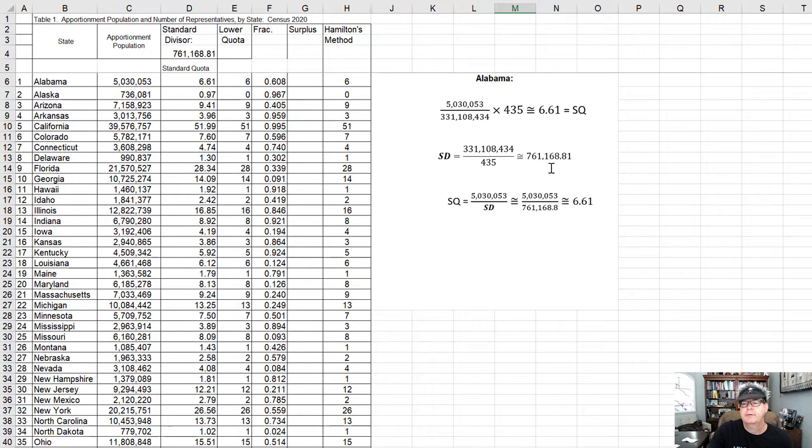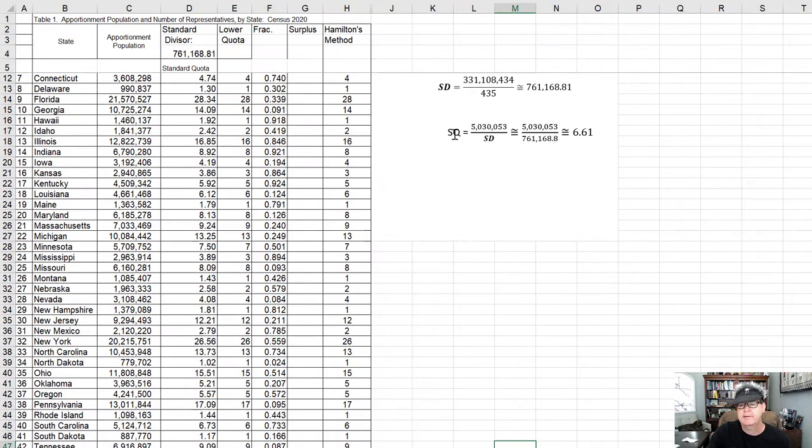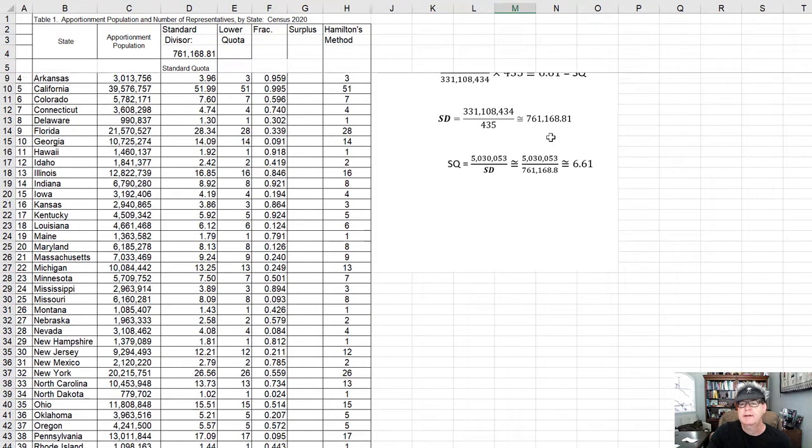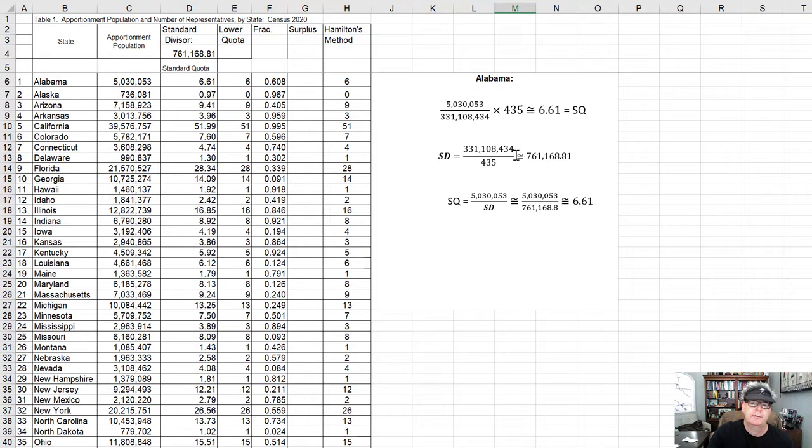And so if there's 761,000 people per seat, then you can just divide the state's population by that number, the 761,000. And so we would call this the standard divisor, and so we get our standard quota this way. Either way, we're getting these same numbers, the 6.61.